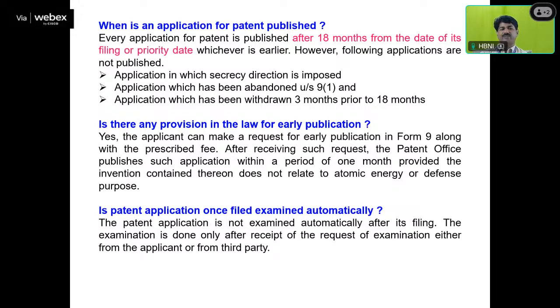If I am applying for a patent, it will not be granted just like that. First I have to apply for it, then I have to apply for the examination. First is the application, next is the request for examination. After getting the request for examination, the authorities examine the patent and then it will go for the questionnaires and the patent granting.